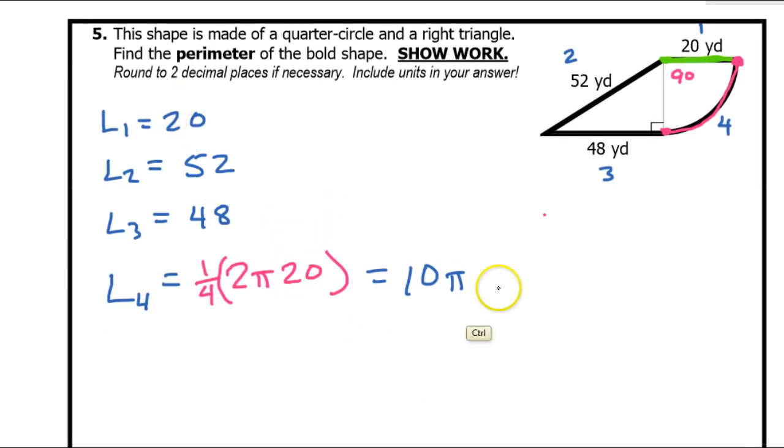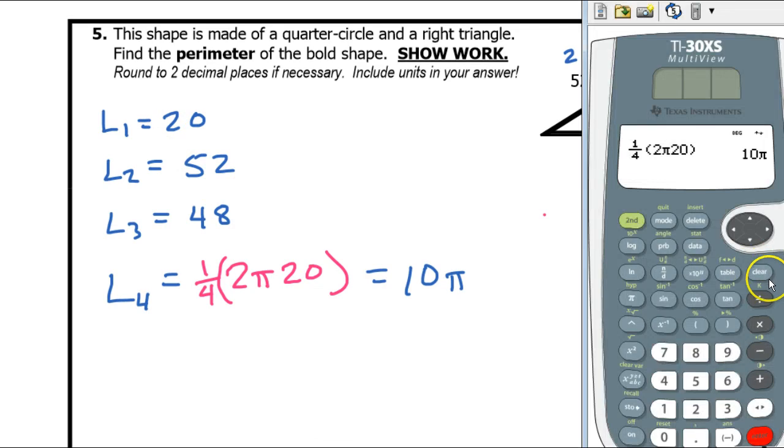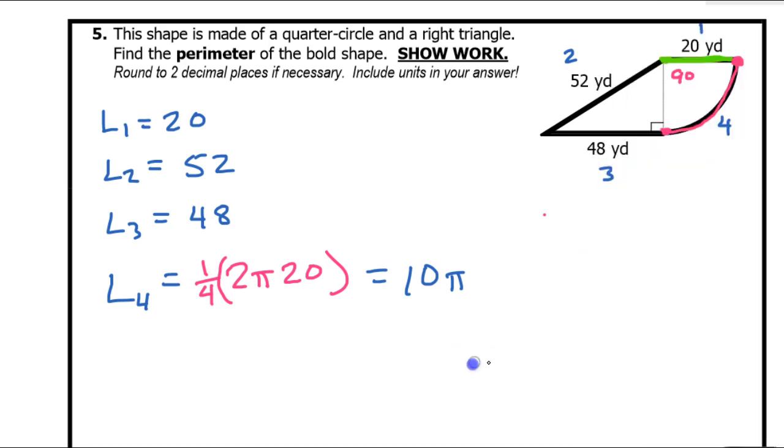So for the perimeter, I will just add them up. So I will have 20 plus 52 plus 48 plus 10 pi. 151.42. Got to round up. 151.42.